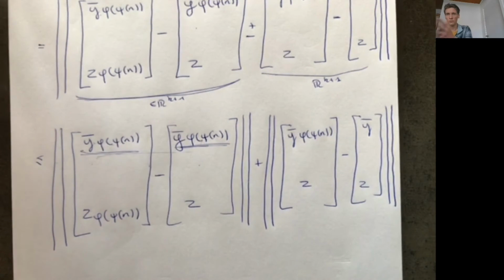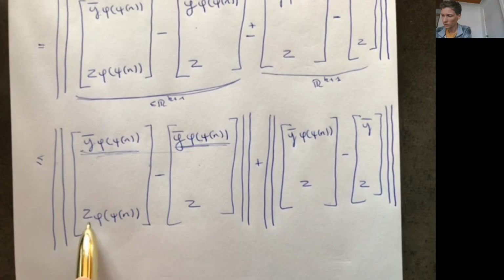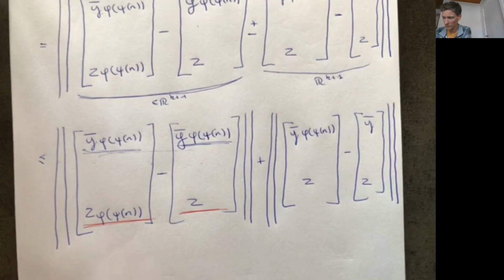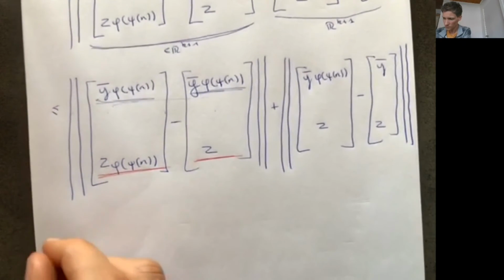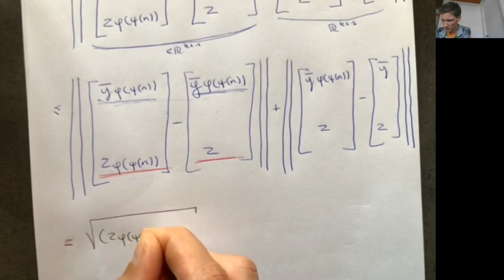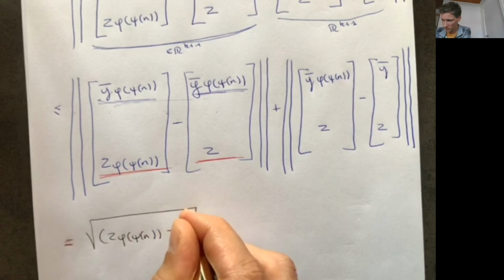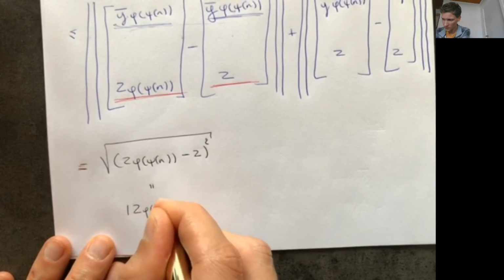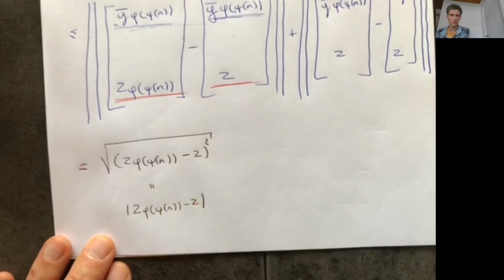Okay, so we have the sum of a bunch of zeros, and then the last one, you will have the difference between z phi psi n minus this z here. Right, so you will have the square root of a sum of a lot of zeros plus the square of this minus this. Okay, so what you end up with is the square root of z phi psi n minus z squared. Okay, and this is the same as the absolute value of z phi psi n minus z.